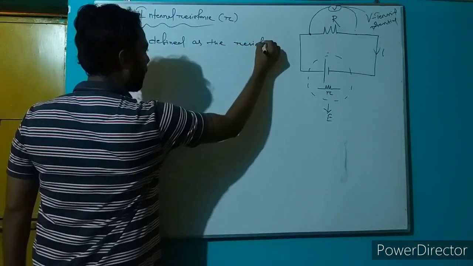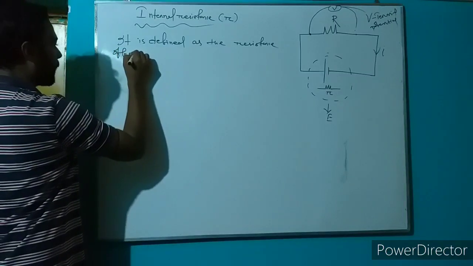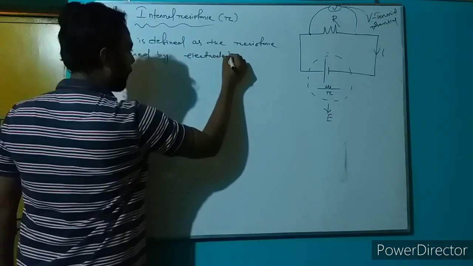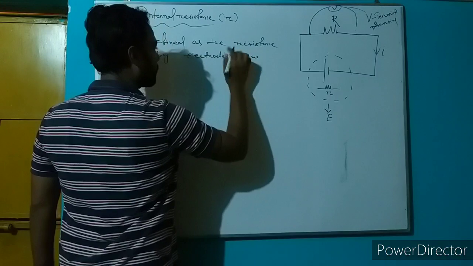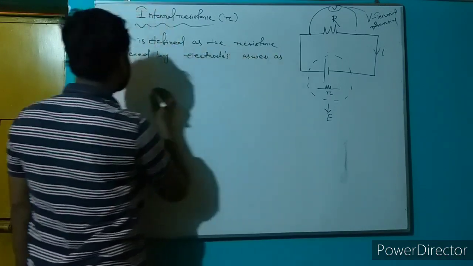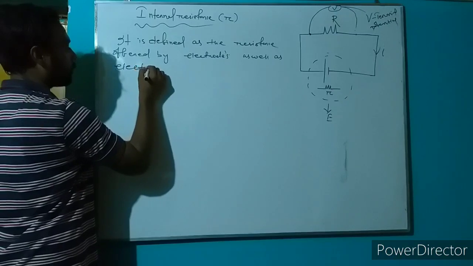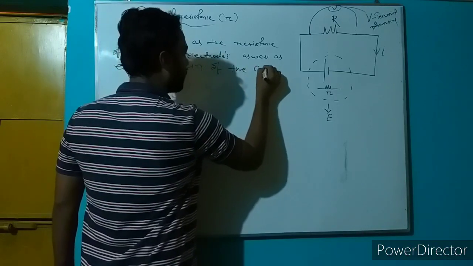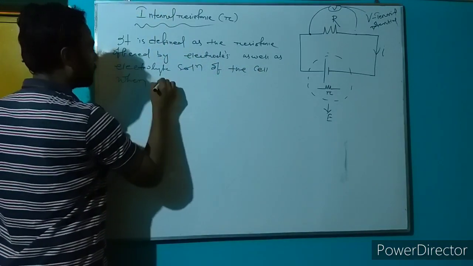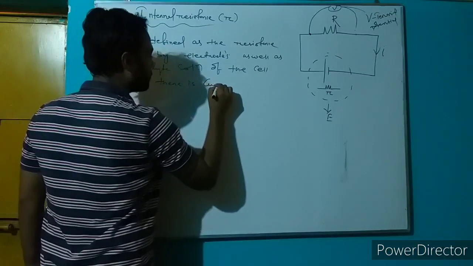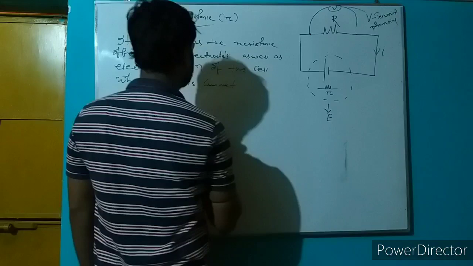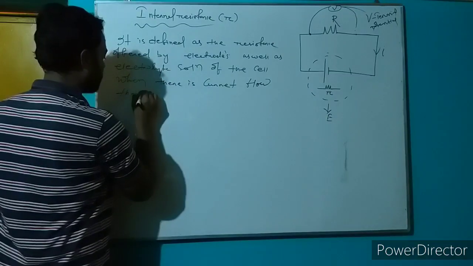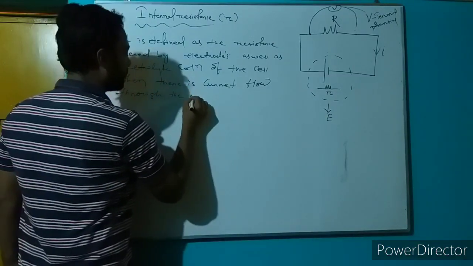Okay. So internal resistance, again I repeat the definition, is defined as the resistance offered by electrodes as well as the electrolytic solution of the cell when there is a current flowing through the cell.